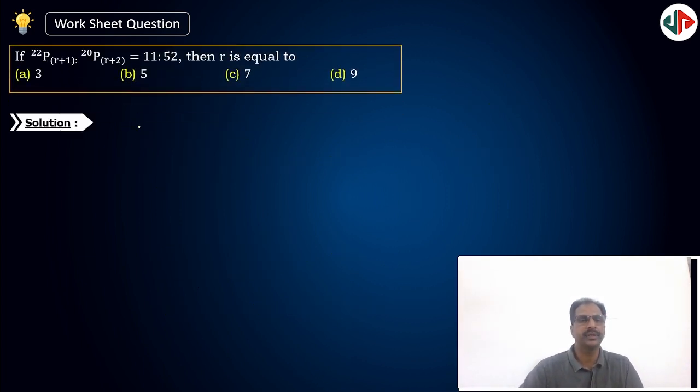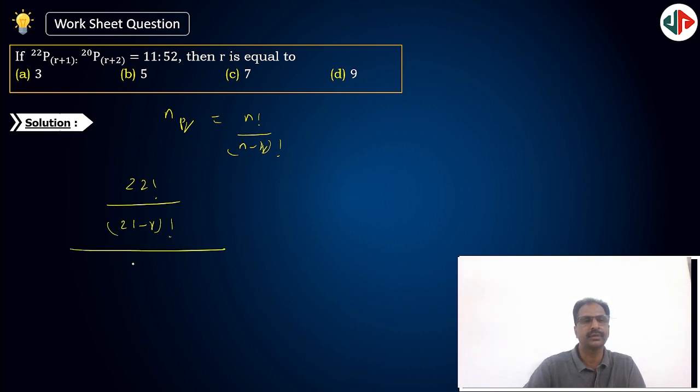Next, 22P(r+1) is to 20P(r+2) is equal to 11 is to 52. Then what is nPr? n factorial by n minus r factorial. So 22P(r+1) is 22 factorial by 22 minus r minus 1, that is 21 minus r factorial, divided by 20P(r+2), 20 factorial by 20 minus r minus 2, which is 18 minus r factorial, which is 11 by 52.